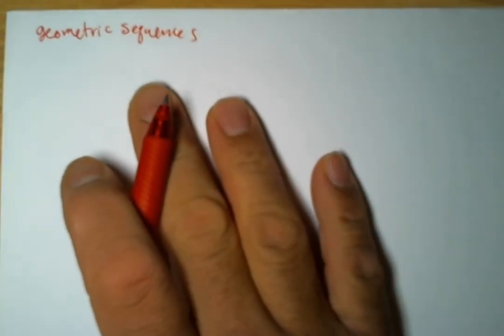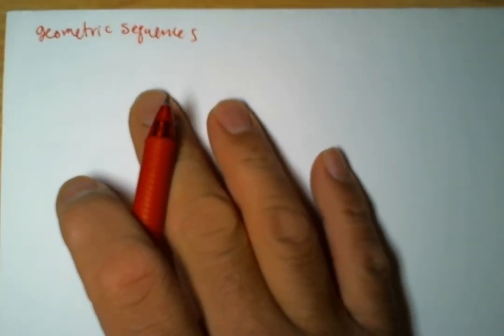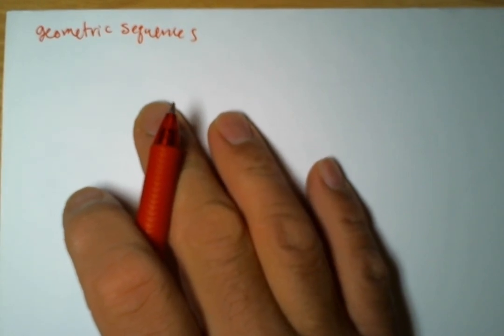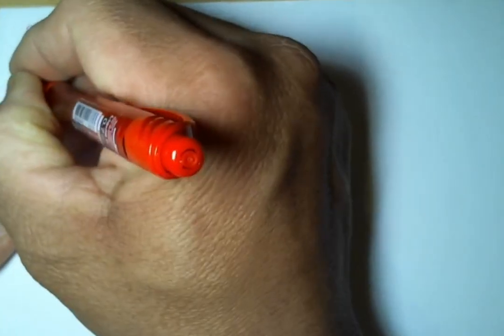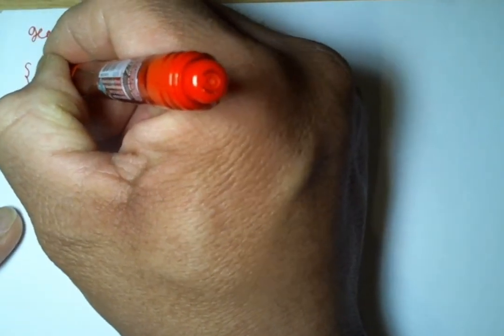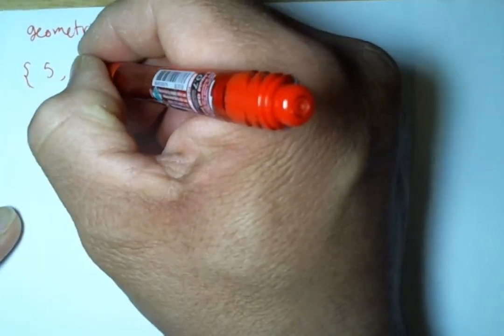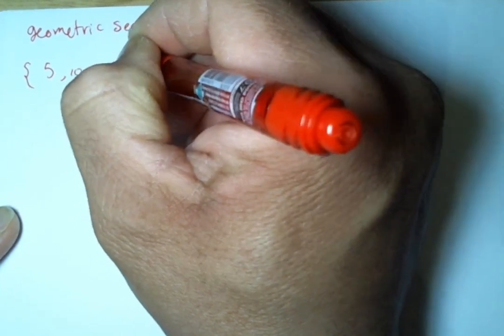Okay, so in this video we're going to take a look at geometric sequences. I'm going to give an example of two different sequences.